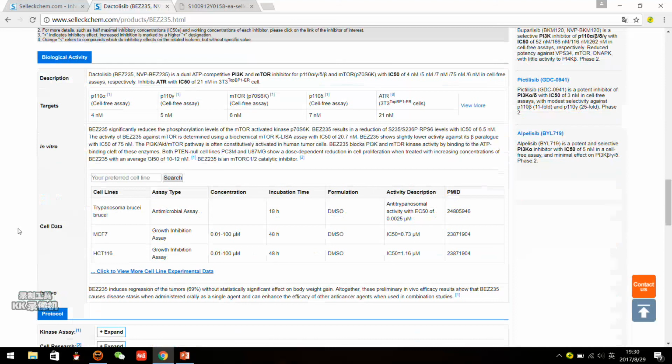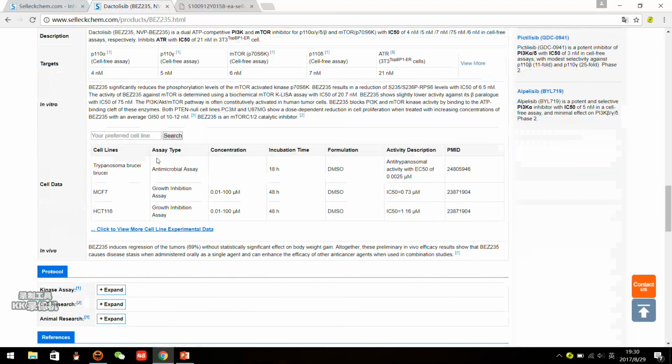On our website, we provide a series of information like this one: assay type, concentration, incubation time, formulation, activity, and the PMID.